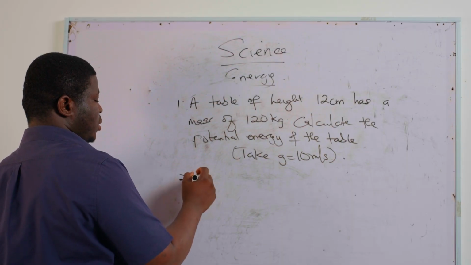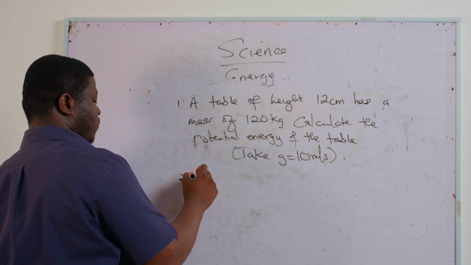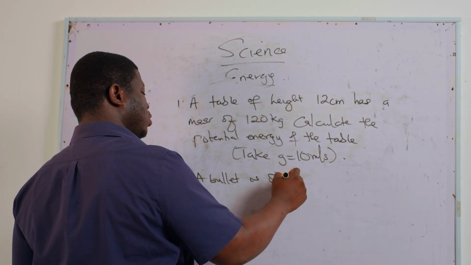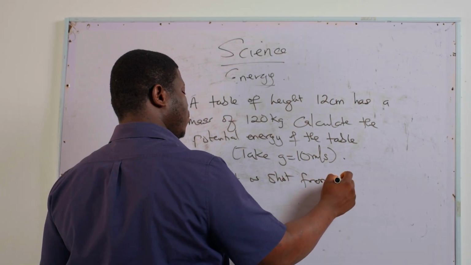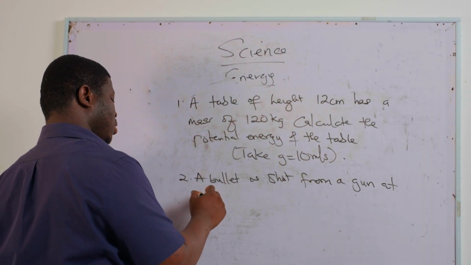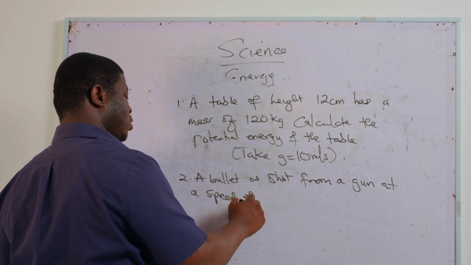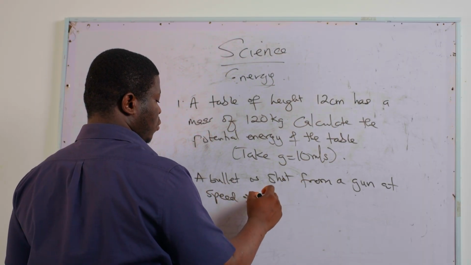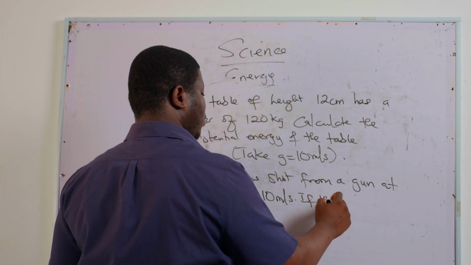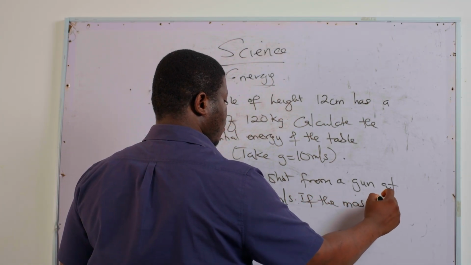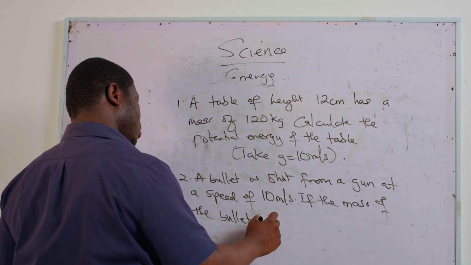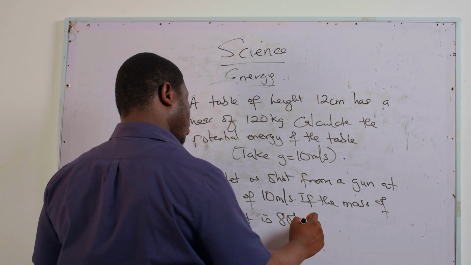Then a second question: a bullet is shot from a gun at the speed of 10, if the mass of the bullet is 80 kilogram.